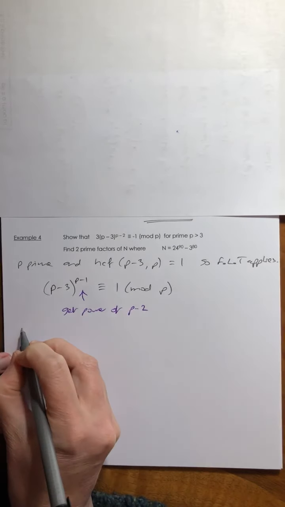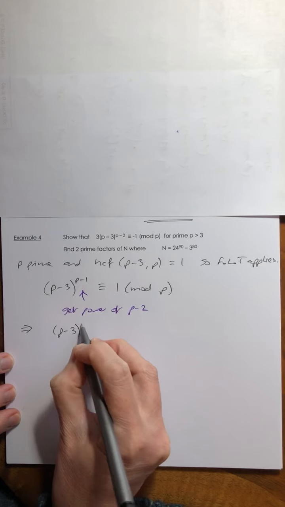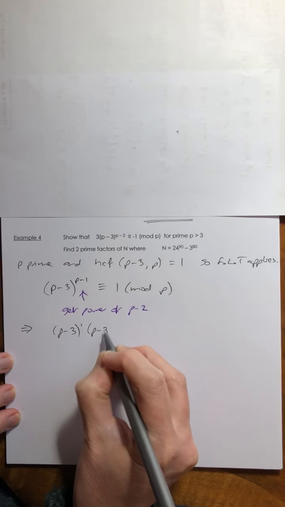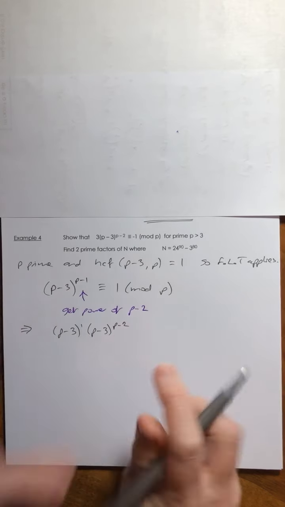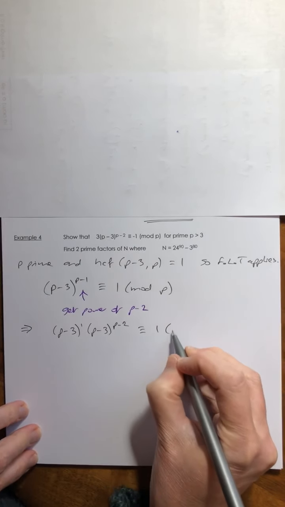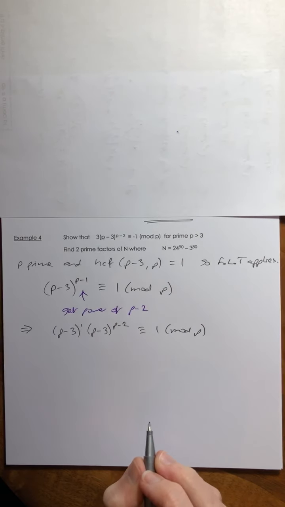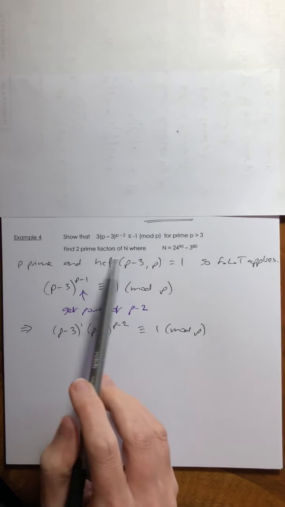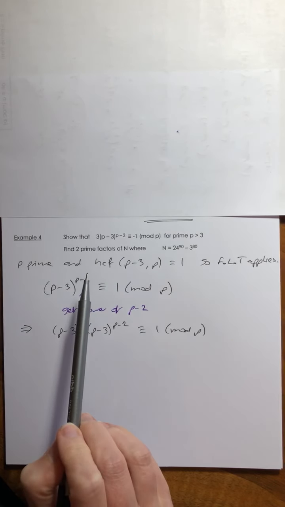So that statement there would imply that P minus 3, I'll just put that one there, and P minus 3 to the P minus 2, so together now, get us back to that. That is going to be congruent to 1 mod P. And if we look at what we need, okay, I need a 3 next to that.